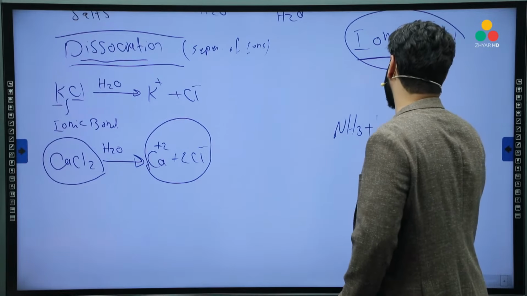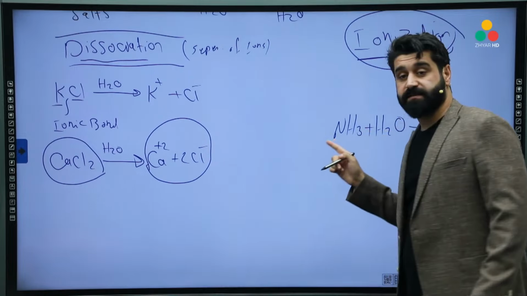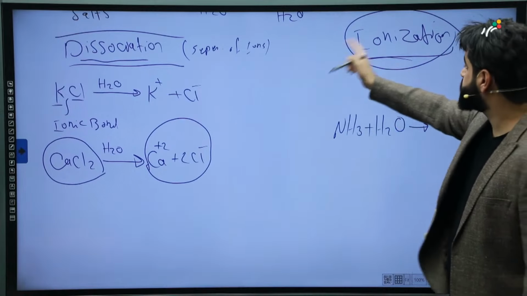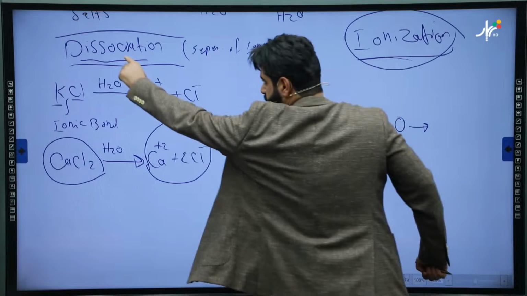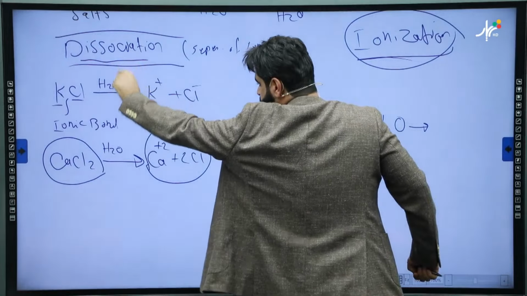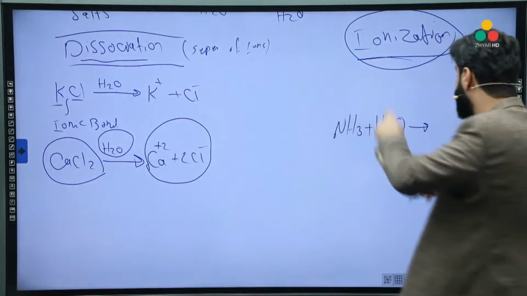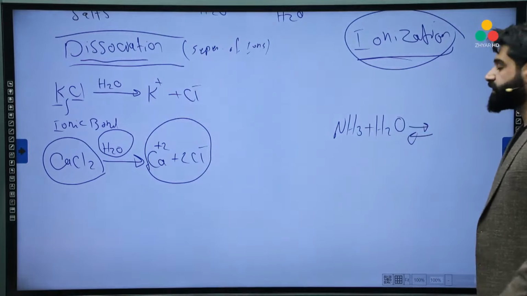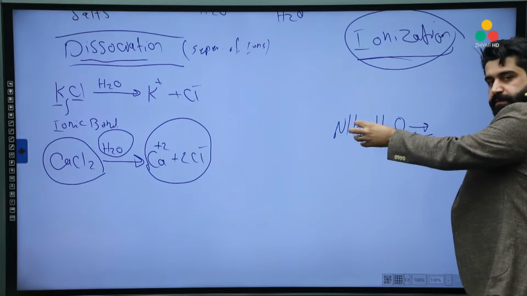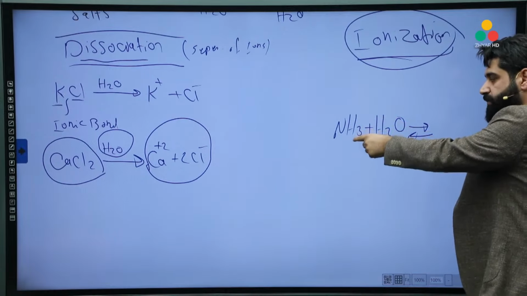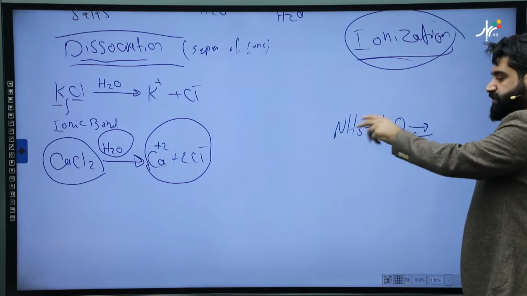If we put NH3 into water, this is the first difference between ionization and dissociation: water position. During the dissociation reaction, we have to write water above the arrow. But for the ionization, the water must be added to the compound. So we have to write water as a reactant and a plus sign between them.